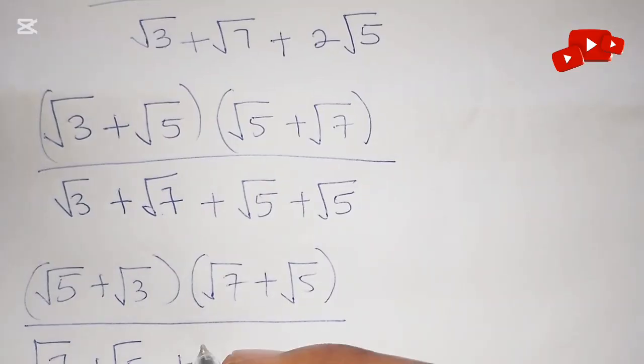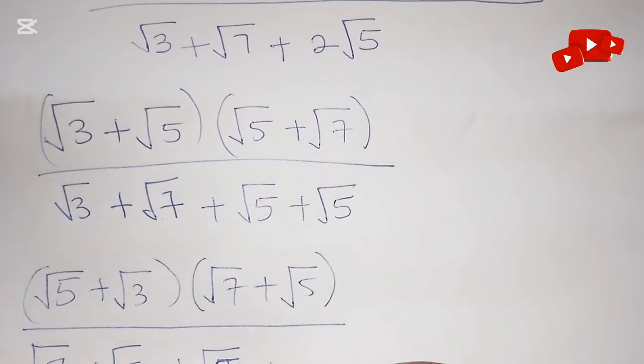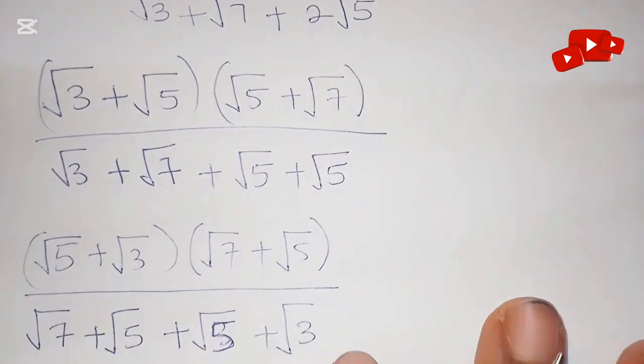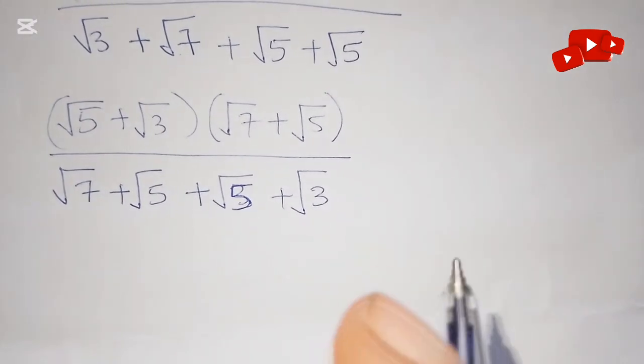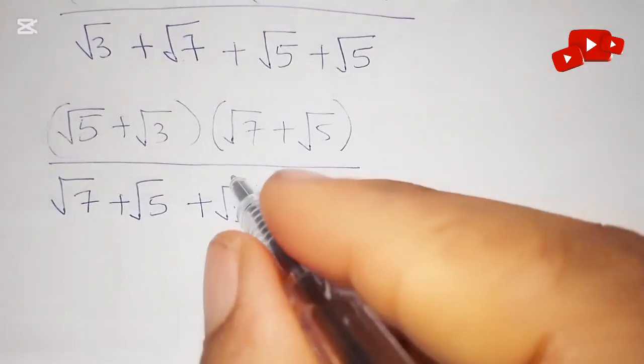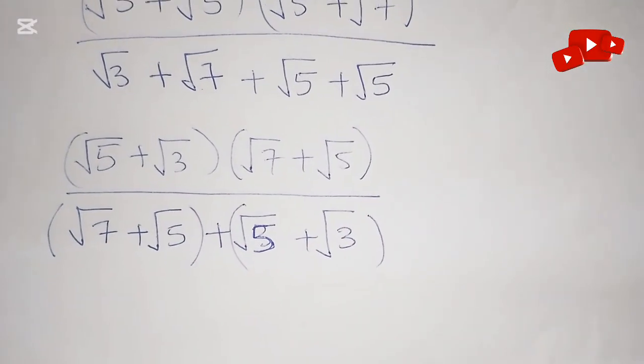Okay, we'll start with root 5 and then root 3. And we're going to also group that. Alright, looking beautiful.